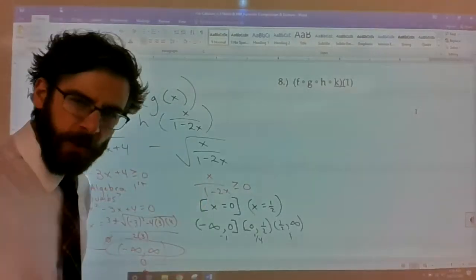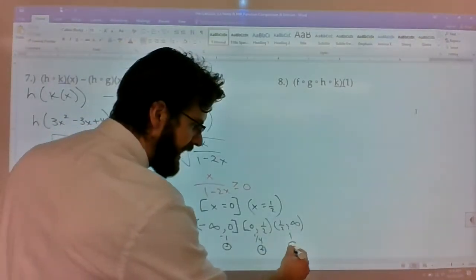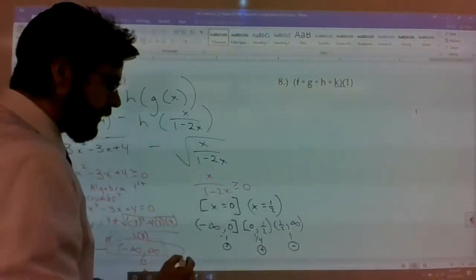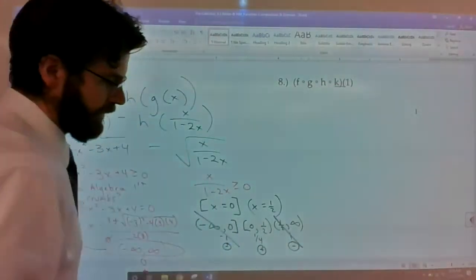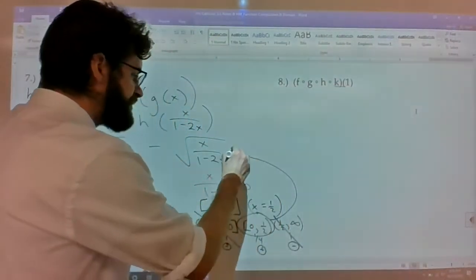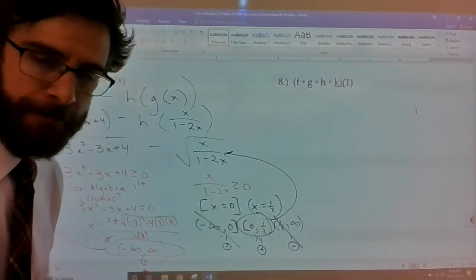So, to make quick work of it, this one ends up being negative, this one ends up being positive, and this one ends up being negative when we plug these values in and we compare it to 0. So we're looking for positive values, so that doesn't work and that doesn't work. Okay, so the domain of this part of the function is just an itty-bitty sliver. It's just from 0 to 1/2.